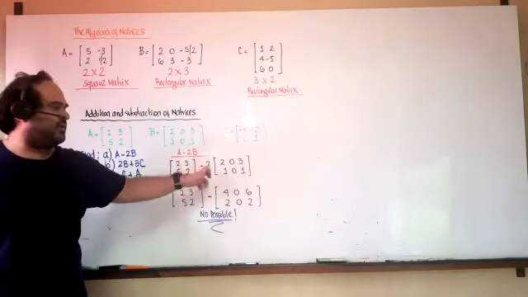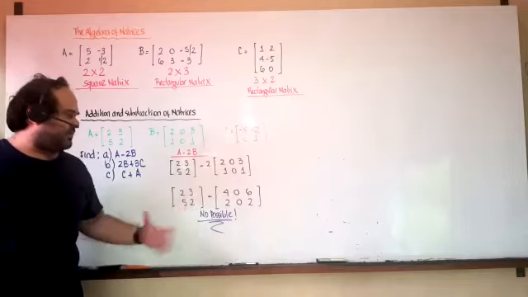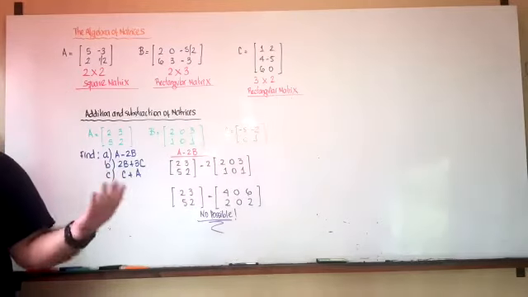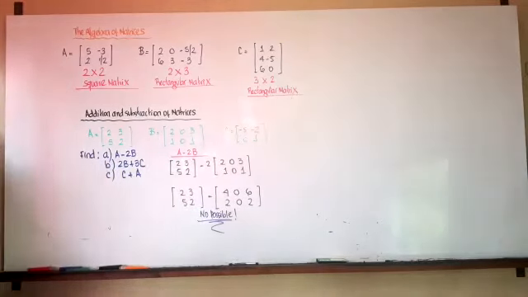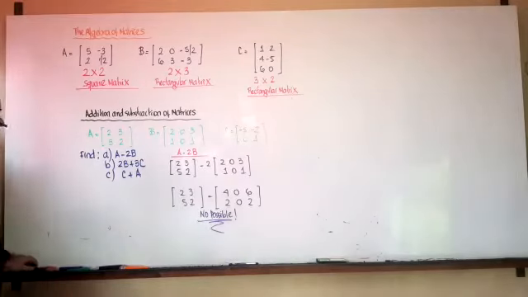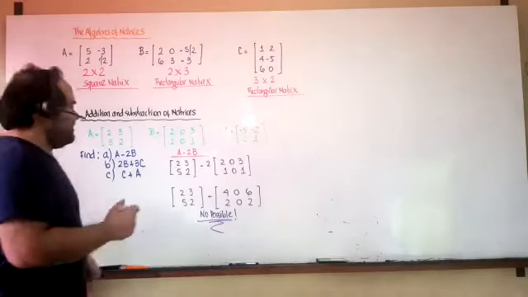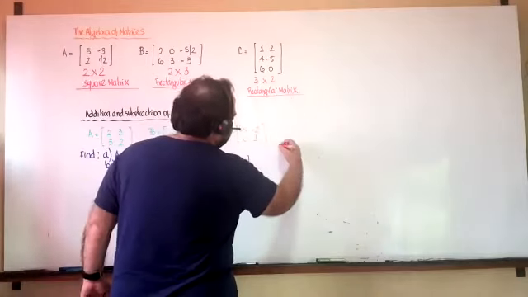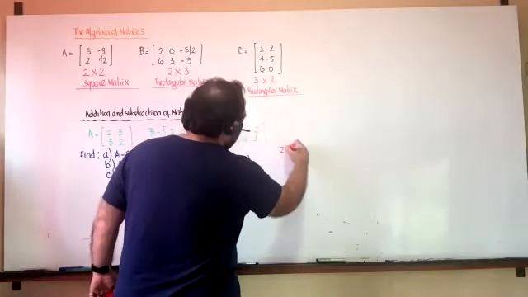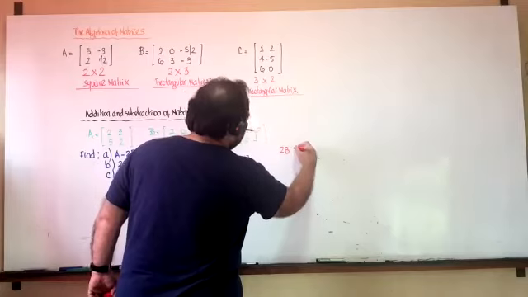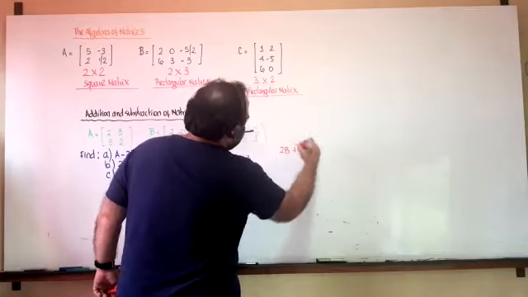We can multiply a scalar by a matrix, but at the moment we go to add or subtract matrices of different sizes, it's not possible. Look at letter A. How about letter B? We have 2B plus 3C.